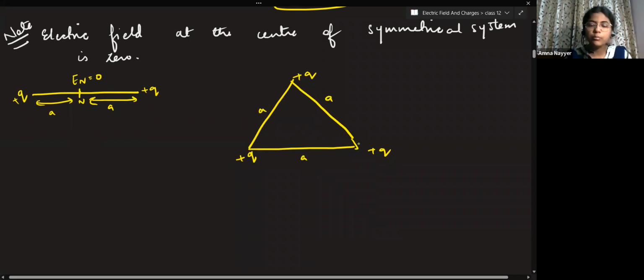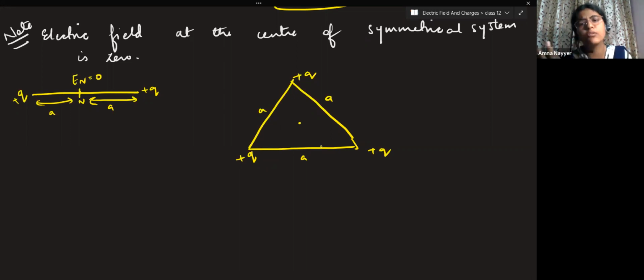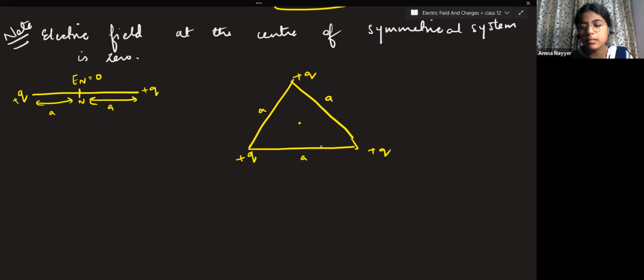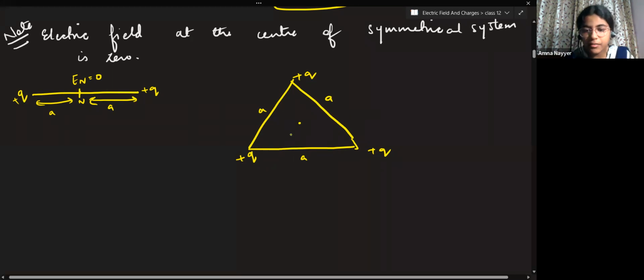So see, all these 3 charges are separated by a certain distance, that is a. So electric field at the center of the system, this makes it a symmetrical system. If any quantity is changed, like if you have charges value different, instead of q you have 2q, 3q, or the separation is different, this has to be an equilateral triangle, which makes it a symmetrical system. Then net electric field over the center is 0.